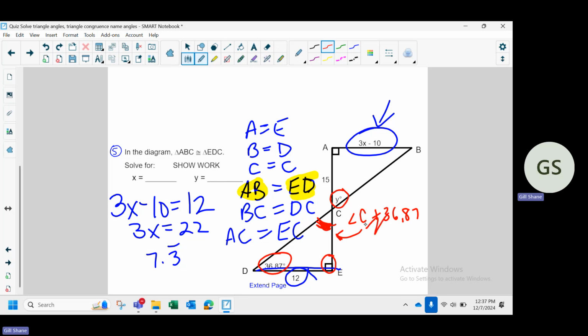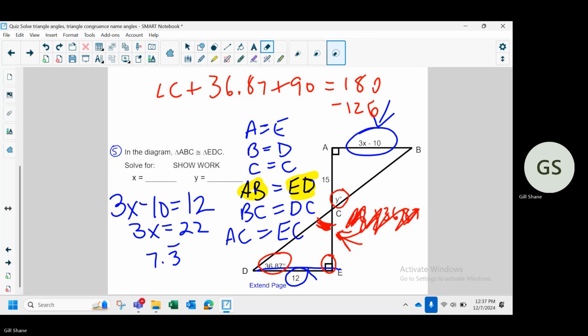I'll tell you what, so now that you see where angle C is, so that's angle C. So I'm saying angle C plus the 36.87 plus the 90 equals 180. And now that's not too difficult at all to solve for. So if we solve out for that, we get what? 126.87 plus C equals 180. So I need to subtract 126.